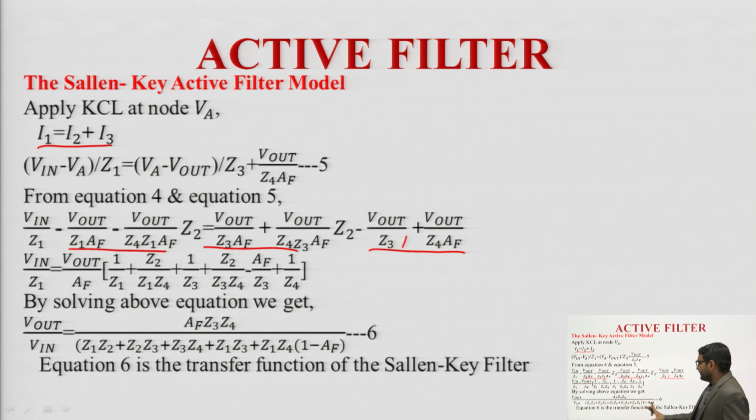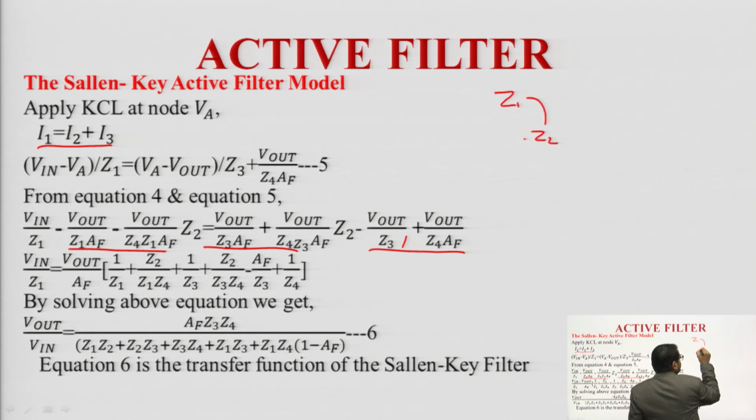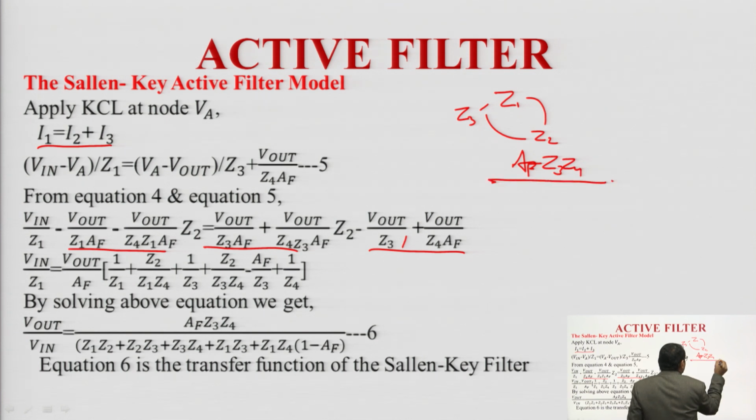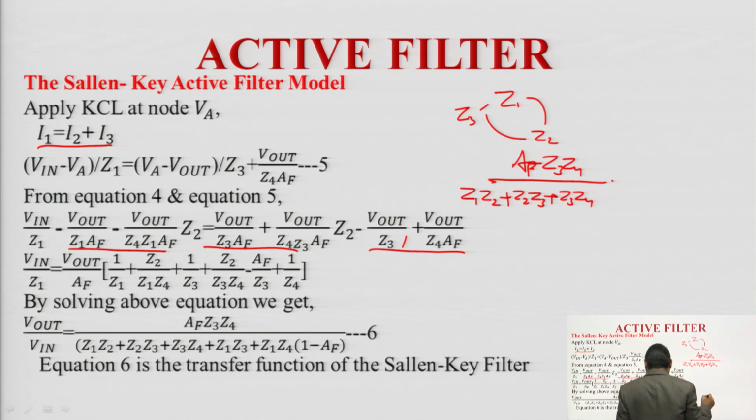And simply, how can we memorize this equation? We take a cyclic order Z1, Z2, Z3. AF is fixed, Z3, Z4. First cyclic: Z1 Z2, Z2 Z3, Z3 Z4.